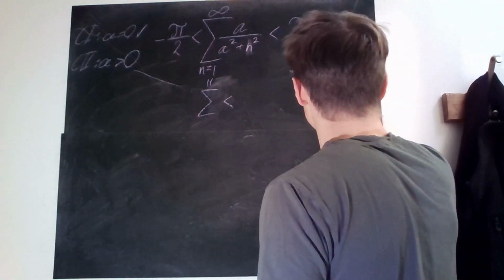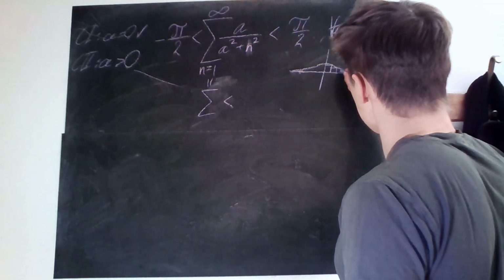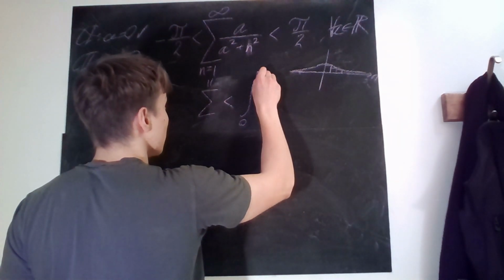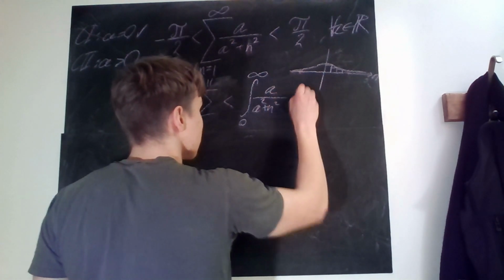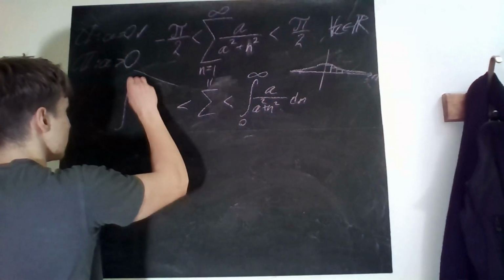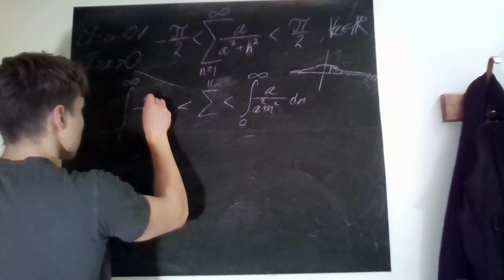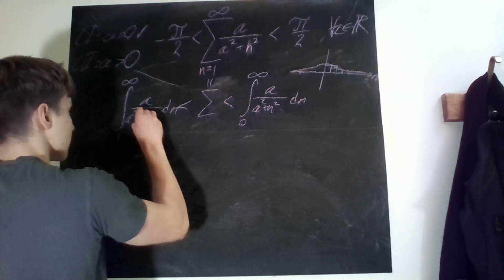If you arrange the partial sums in a certain manner, you will realize that this is less than the integral from 0 to infinity of a over a squared plus n squared dn. And likewise, it is larger than the integral from 1 to infinity, if you arrange the sums to the right and then compare. Then you would see that this sum is larger instead.